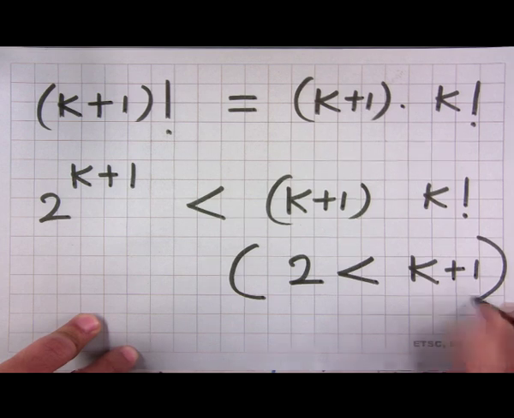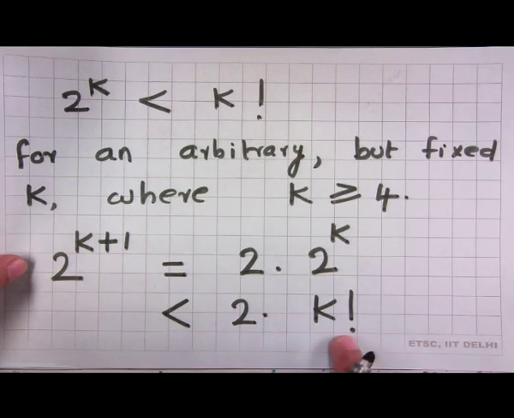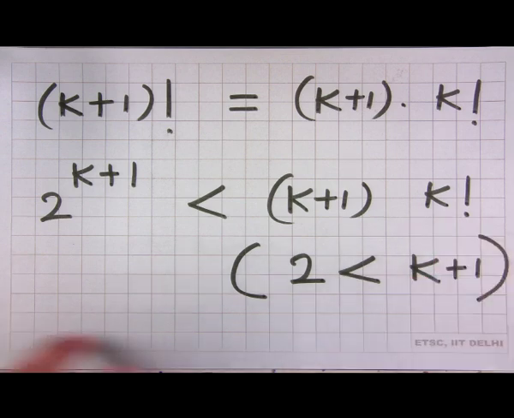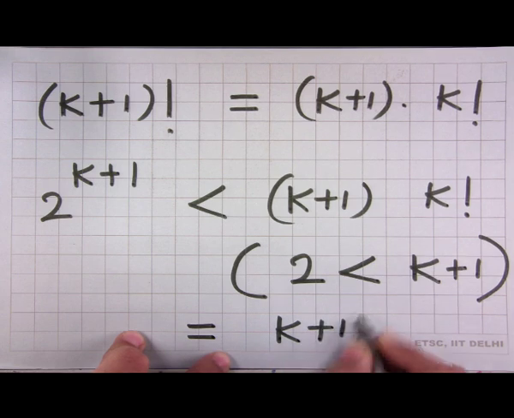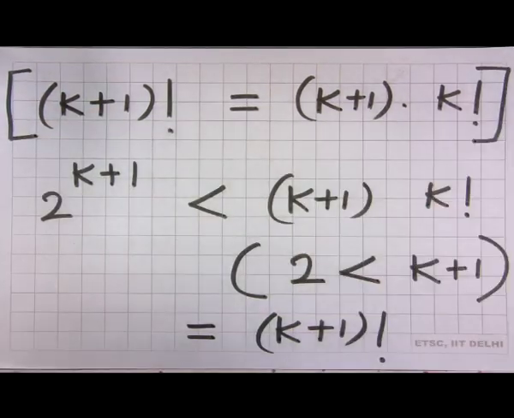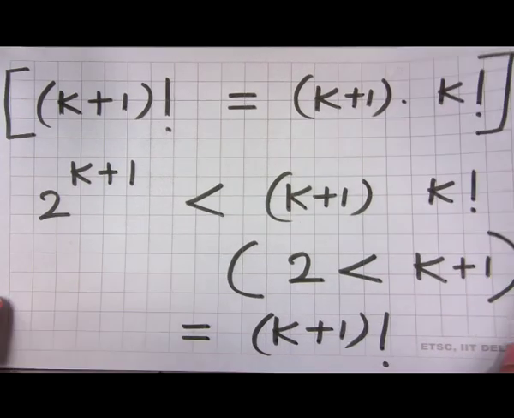So, using that, we can write 2 into k factorial strictly less than k plus 1 into k factorial, which is k plus 1 factorial. Thus, we achieve 2 power k plus 1 strictly less than k plus 1 factorial.